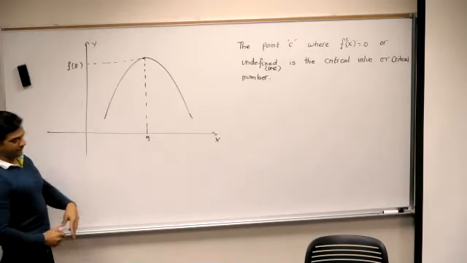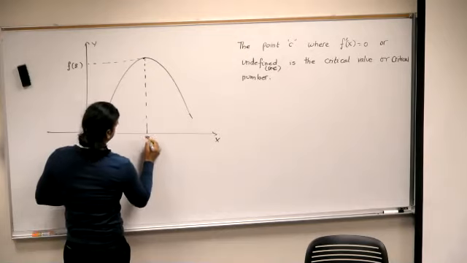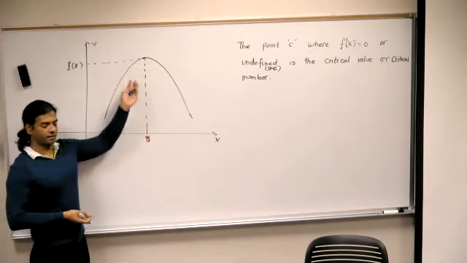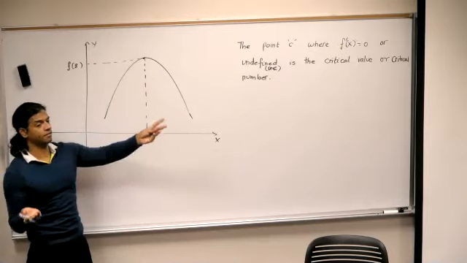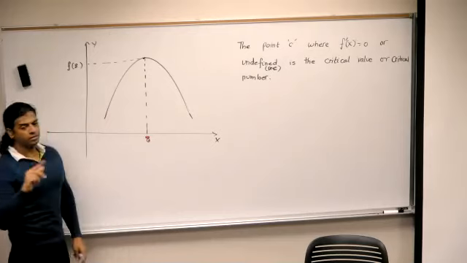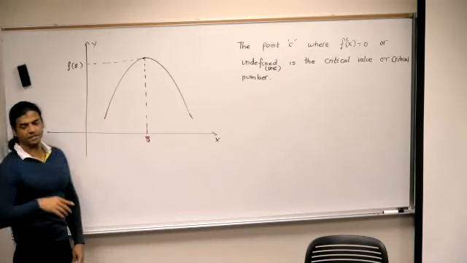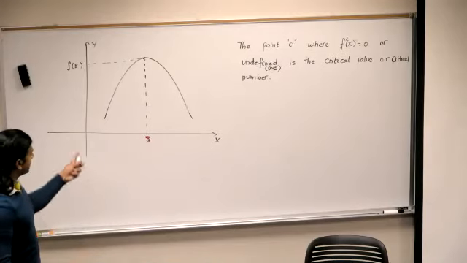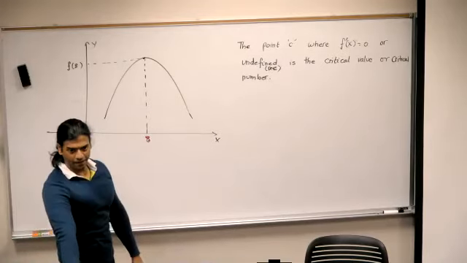You looked at this picture, and to the naked eye at 8, you guys mentioned the derivative is 0. But in practice, suppose you don't have a graph, all you have to do is take the derivative, set it equal to 0, solve for x, and that is going to give you the critical value.